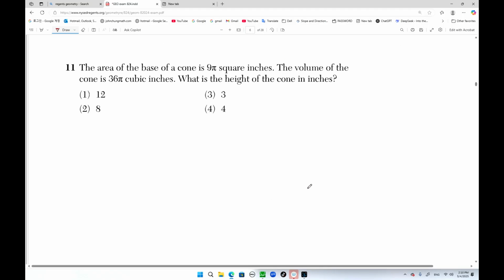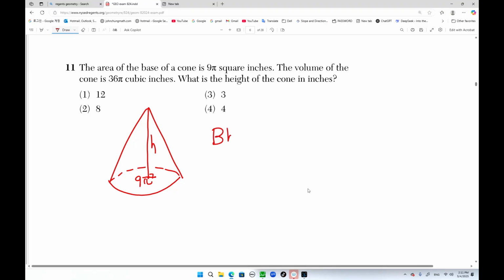Number 11. The area of the base of a cone is pi r squared, right? R is the radius. The volume of the cone is 36 pi, what's the height?